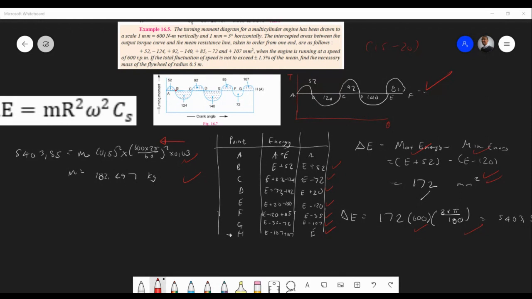Your core focus for test 2: know these things. This multi-cylinder stuff, make it your bread and butter. Do 1 or 2 examples. Take an example and do it by yourself, change some values if you need. Let's do the next one. We're still staying in the flywheel domain.